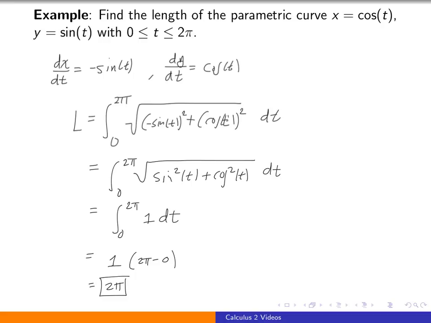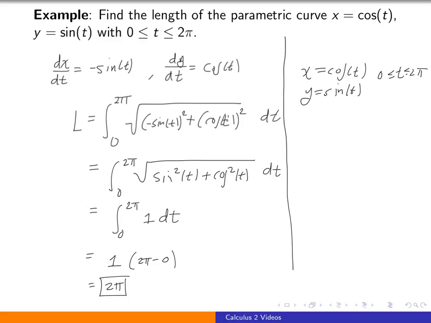Now it's worth asking here if we think this is a reasonable solution. If we recall back to a previous video, when we have these parametric equations, x equals cosine t, y equals sine t, going from 0 to 2 pi, those parametric equations satisfy cosine squared plus sine squared equals 1, that is x squared plus y squared equals 1.